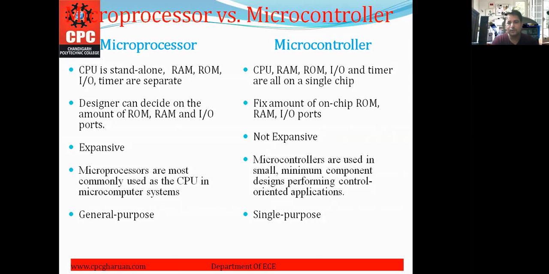But in microcontroller, at a time we have to perform only one single task, like a printer that prints a single page at a time. This is the major difference between the microprocessor and microcontroller.